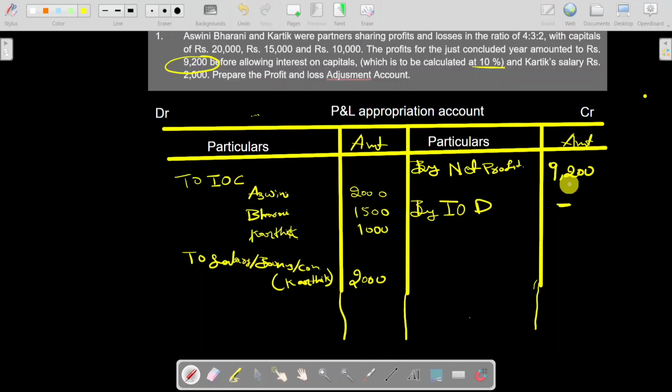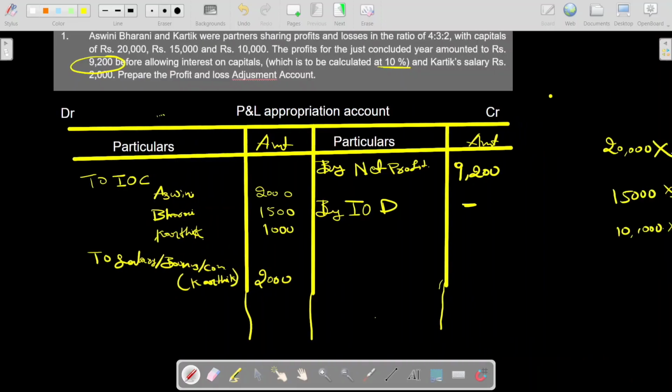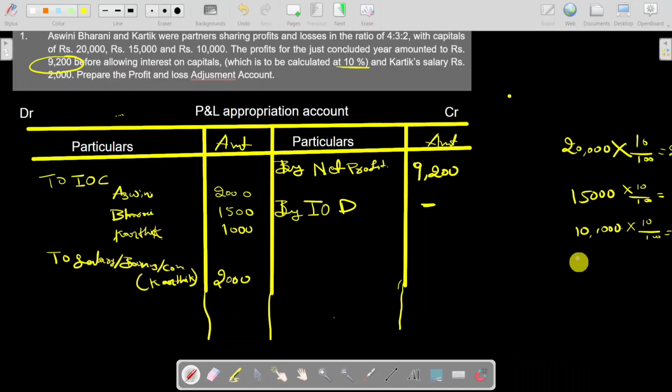So we have to deduct the debit items from the credit items. How much credit do we have? 9,200. And how much debit do we have?